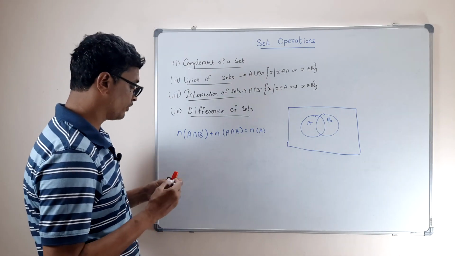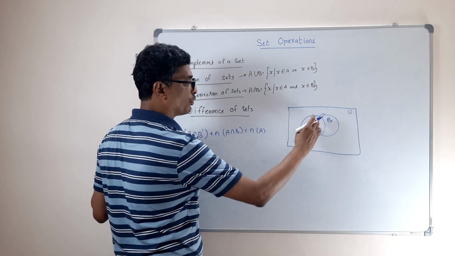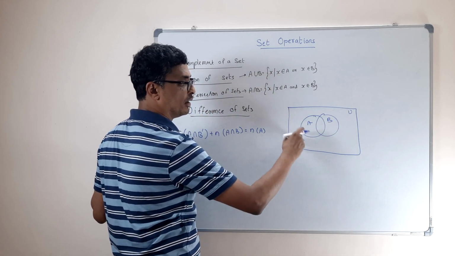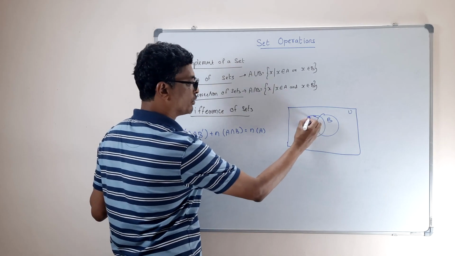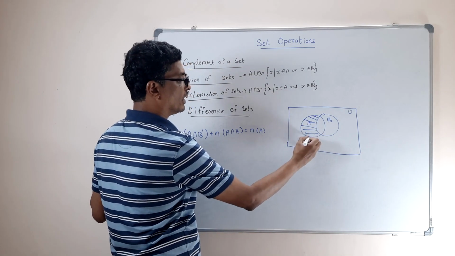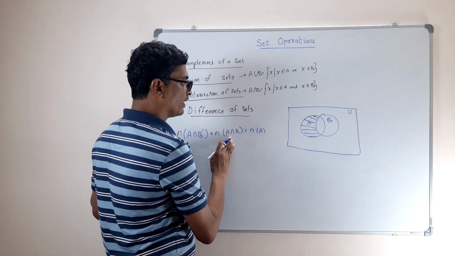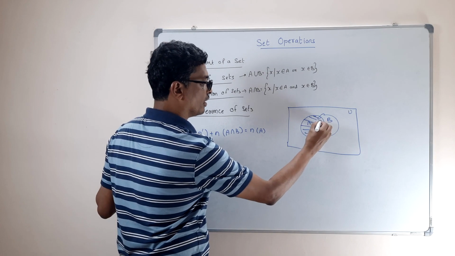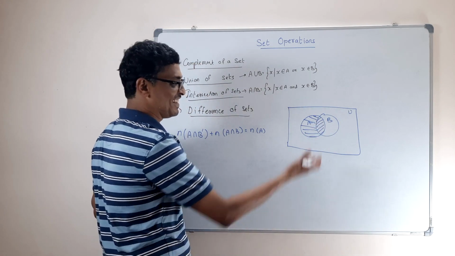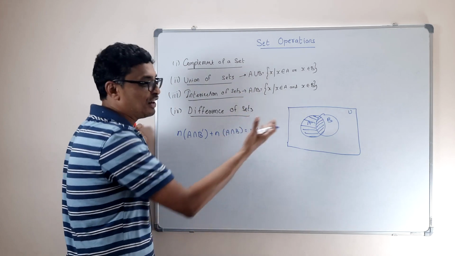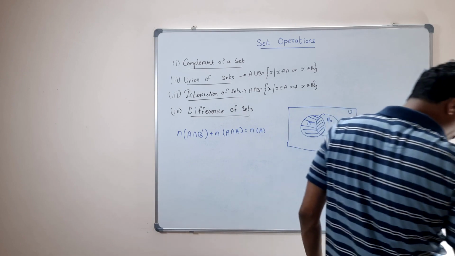B complement is everything excluding B, and its intersection with A is the portion of A without the intersection. Now plus N of A intersection B, there will be all of A. It's N of A. You got it? You're not double counting, you just want single counting only. So you can prove it simply.